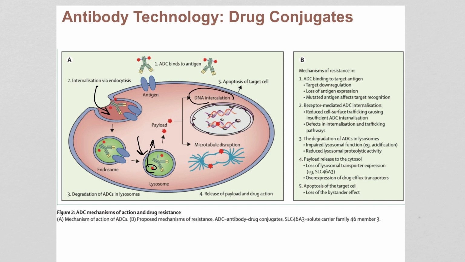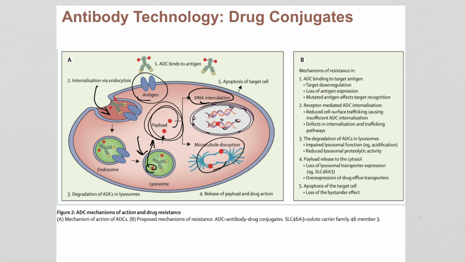So DNA intercalation means it's going to degrade DNA in the cell, microtubule disruption because microtubules form the mitotic spindle, and cancer cells like to divide a lot. And so if this is successful, we basically dramatically increase our concentration of drug in the cancer cell while keeping a very low concentration of the drug in other parts of the body because the antigen wasn't present in those other cells, and so the antibody didn't bind.